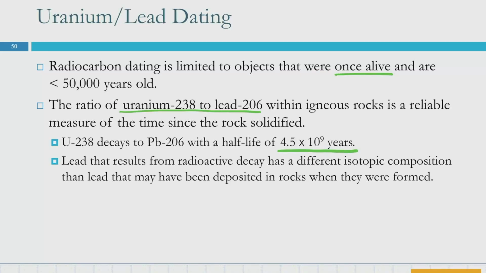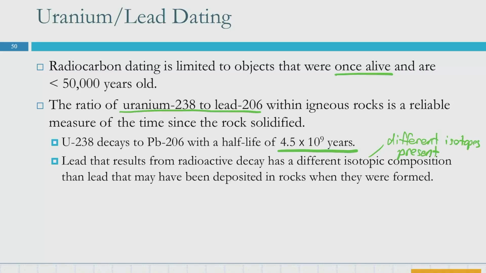And the reason that this is important is that lead that results from radioactive decay has a different isotopic composition, a different ratio of isotopes present compared to just regular lead that we would expect to find in the environment.